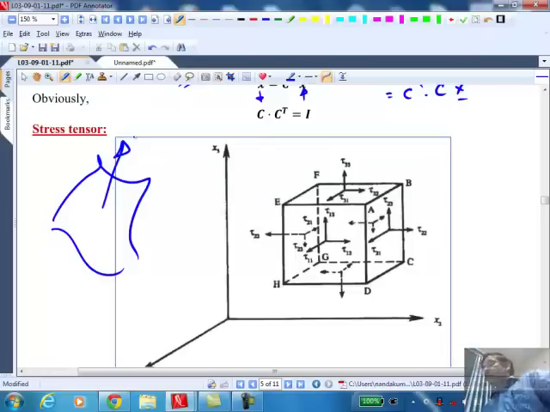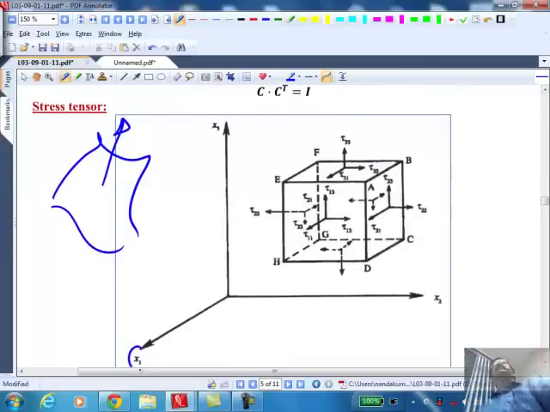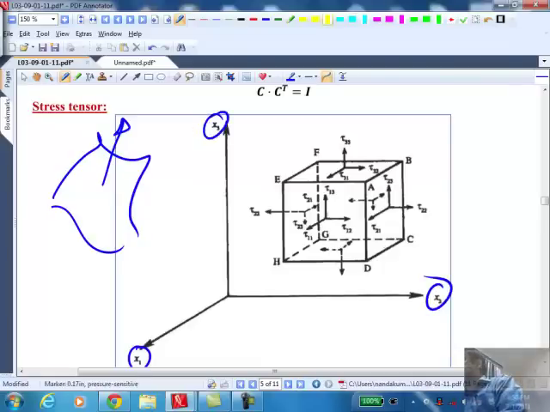Okay? So if you take, for example, a cube as a control volume, areas are well defined in this case. So here you have x1, x2, and x3, the three coordinate axes. So this surface, the front surface, has a normal in the x1 direction, right? So its normal is pointing in this direction, n1. And the force on that surface could be acting in any arbitrary direction.